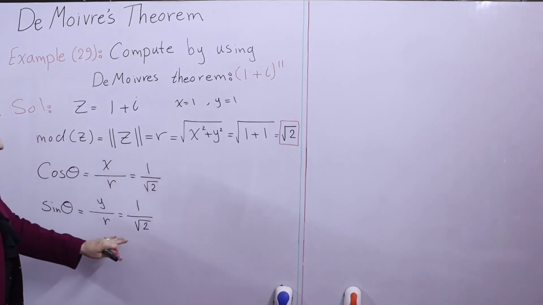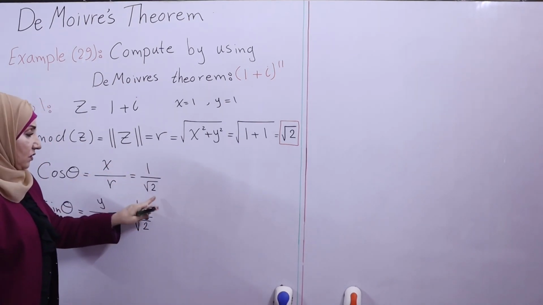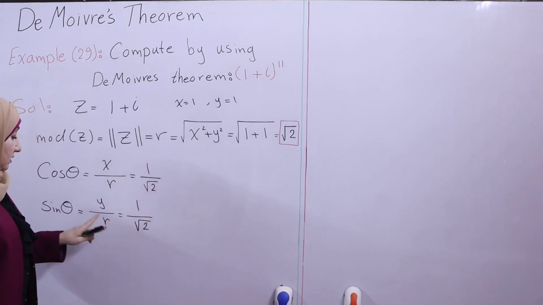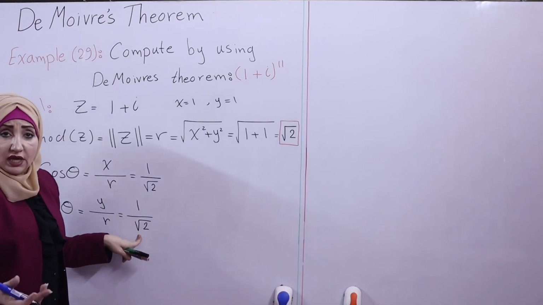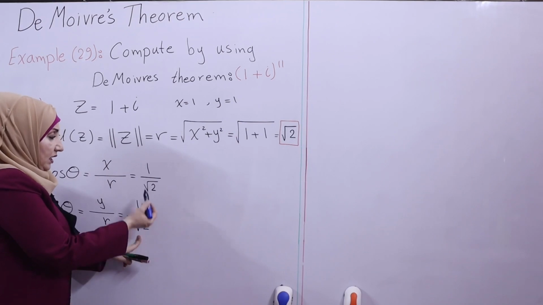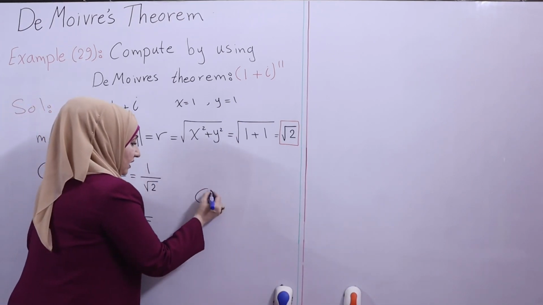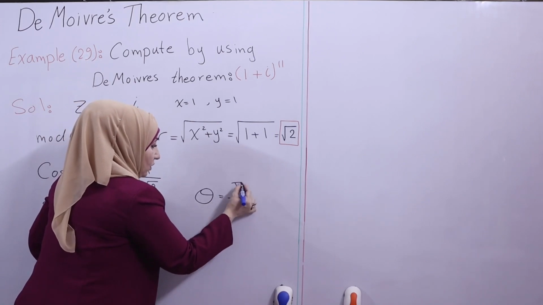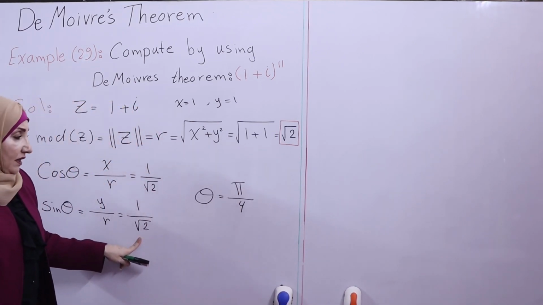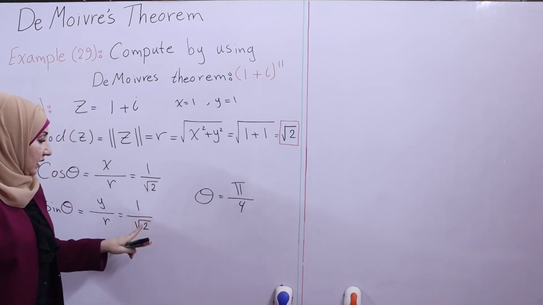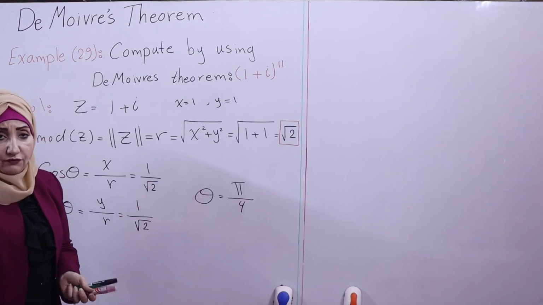That means which angle its cosine is 1 on square root of 2, and its sine also is 1 on square root of 2. واضح؟ That means theta equal pi on 4, which equals 45 degrees. إذن الزاوية 45 هي اللي الساين إلها والكوساين إلها 1 على جذر 2.